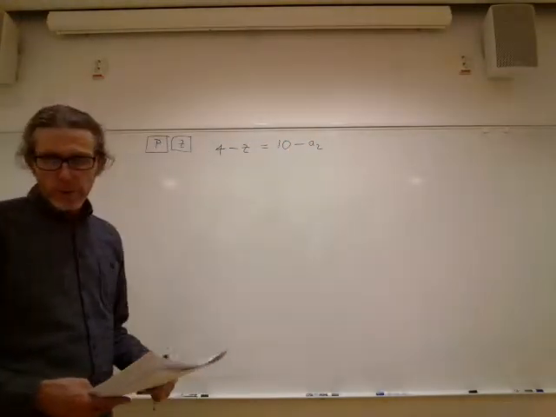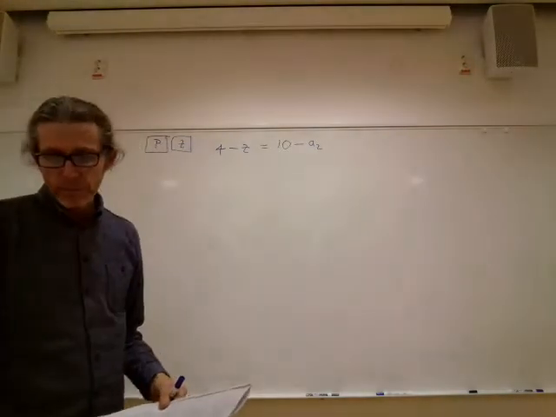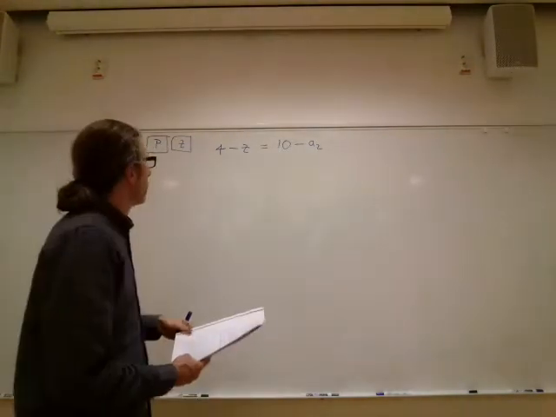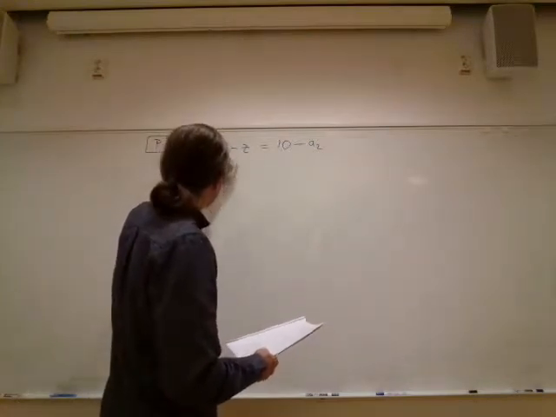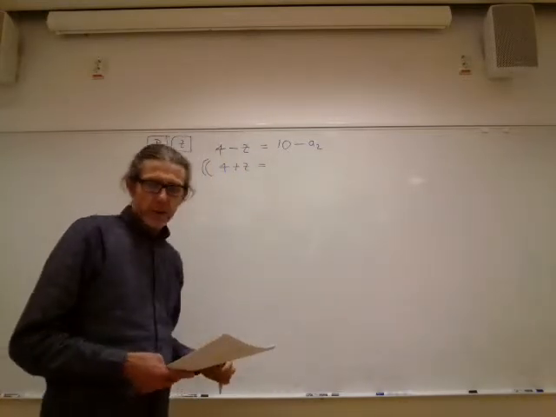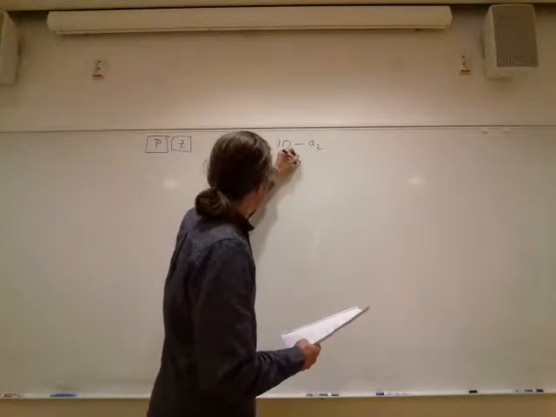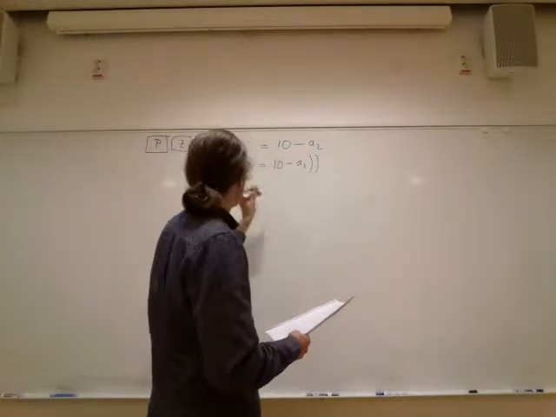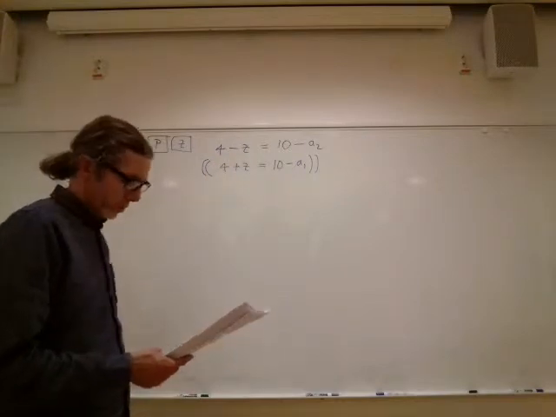So we've got 4 minus Z is 10 minus A2. And for firm 1, we've got that 4 plus Z is 10 minus A1, isn't it? We're going to use that later. Okay, but for now we're interested in firm 2.